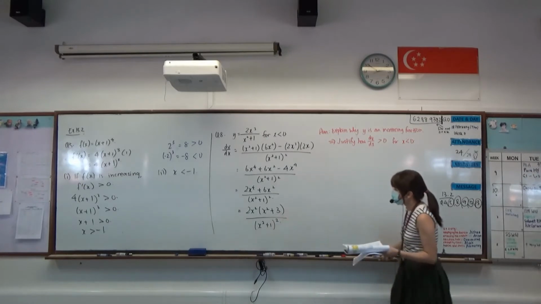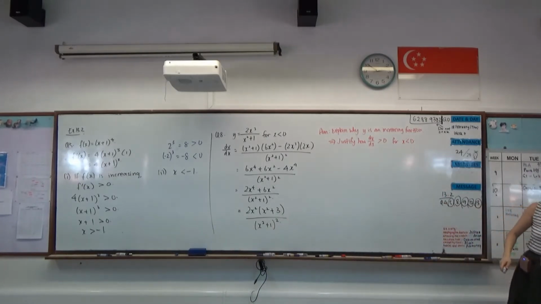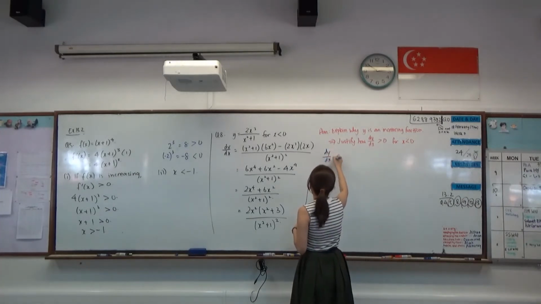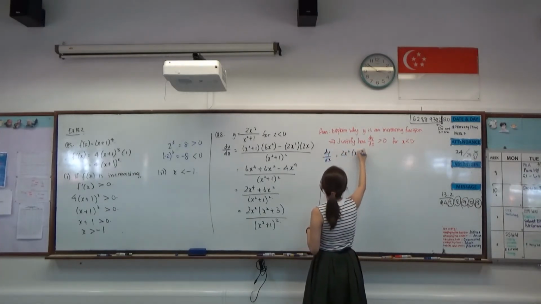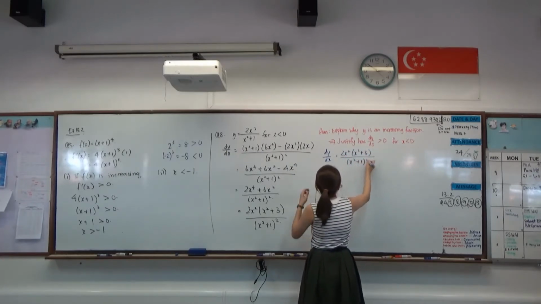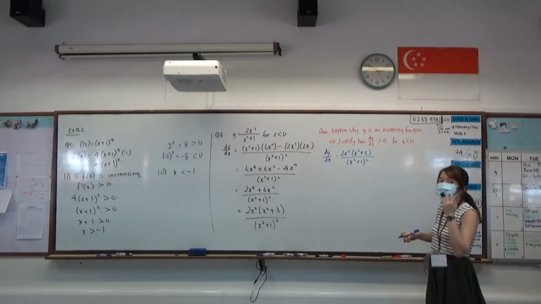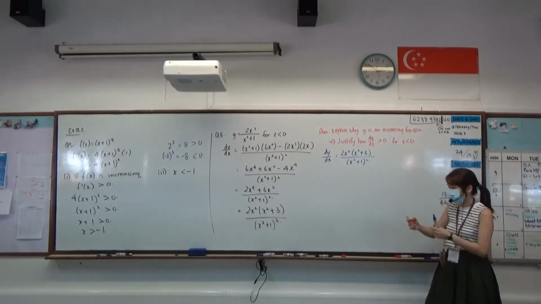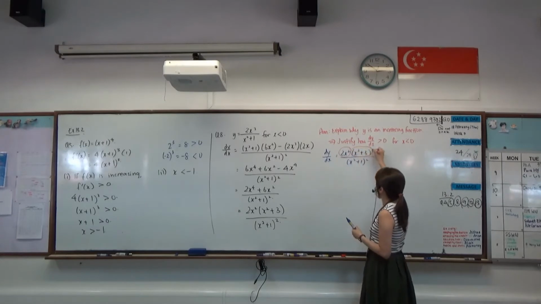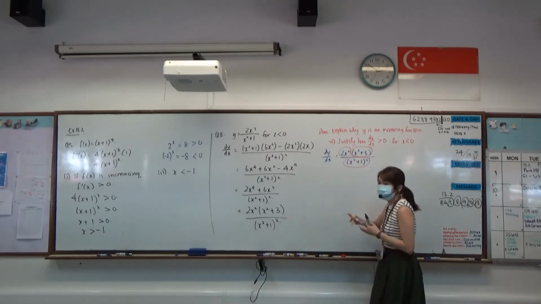Okay. So looking at the derivative, where we have (2x squared plus 6) over (x squared plus 1) squared, we recognize that there are 3 parts in this derivative. One part is 2x squared, the other part is x squared plus 3, and the other part over here.